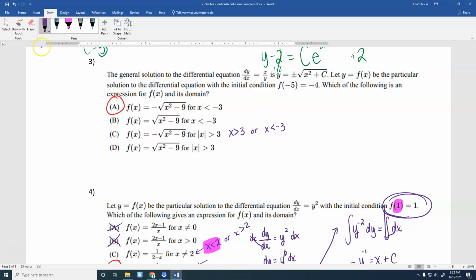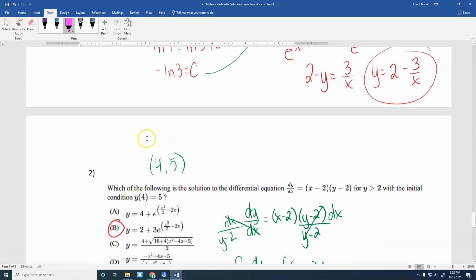In this case, the number you're plugging in is -5. -5 is less than -3, so that ends up being what you choose. Does that make sense? That always throws me off a little bit whenever I do these problems, but it is something you're supposed to consider.